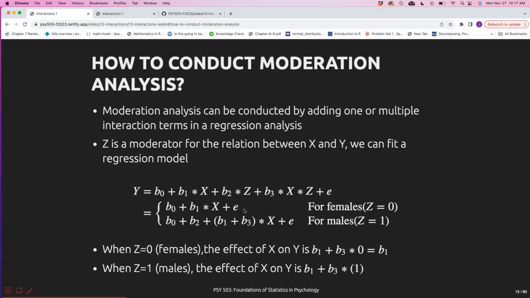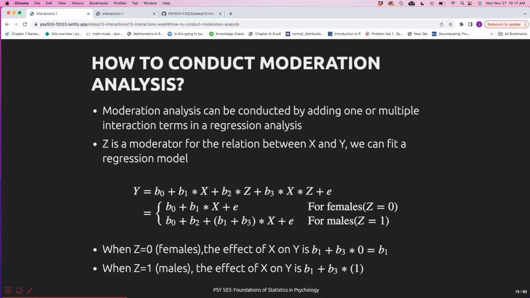When Z is 0, the effect of X on Y is B sub 1 in our regression output. For males, we take B sub 1 plus B sub 3, and that gives us our slope for males.